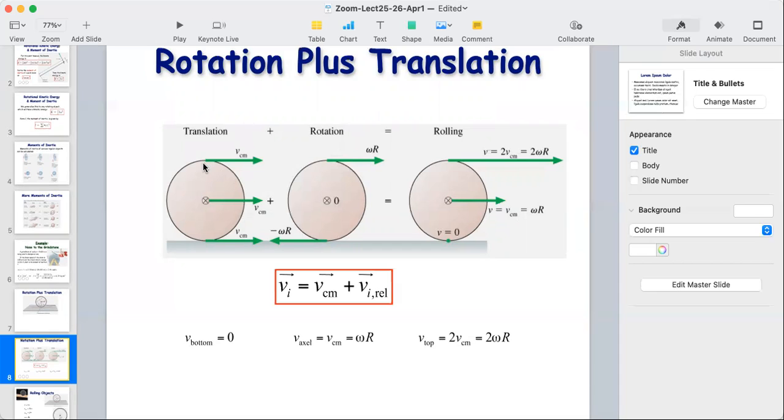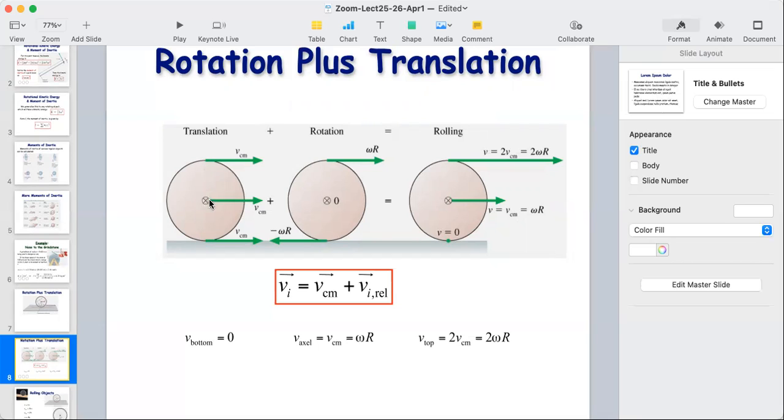The wheel is moving, and remember we discussed the center of mass. We can consider the whole wheel like a dot, with one velocity, which is the velocity of the center of mass.